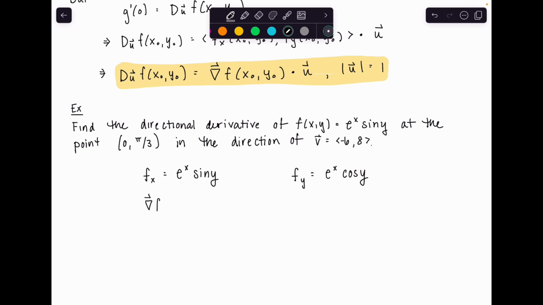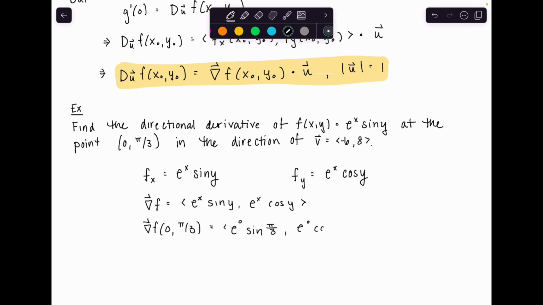So my gradient vector is going to be e to the x sine of y, e to the x cosine of y. And specifically, I'm going to find the directional derivative at the point 0, pi over 3. So I'm going to plug this in. x gets evaluated at 0, and then y gets evaluated at pi over 3.